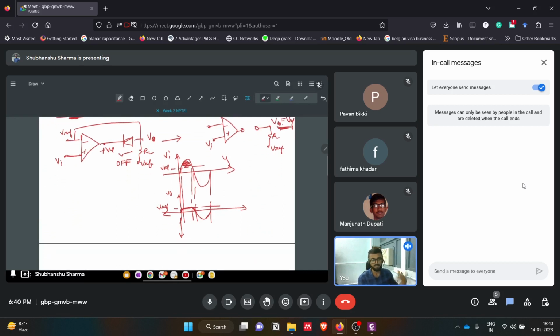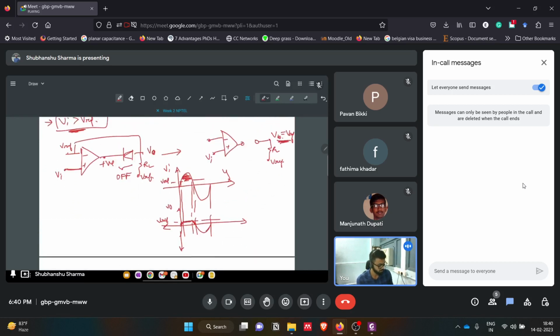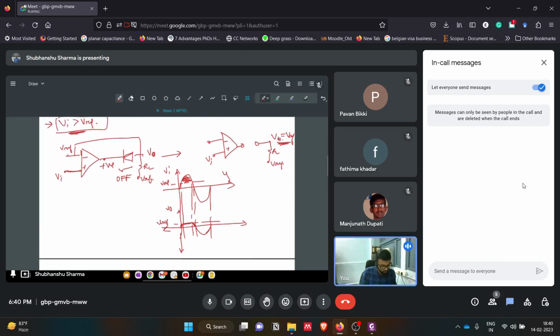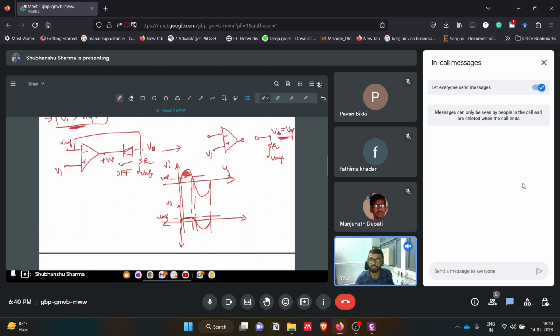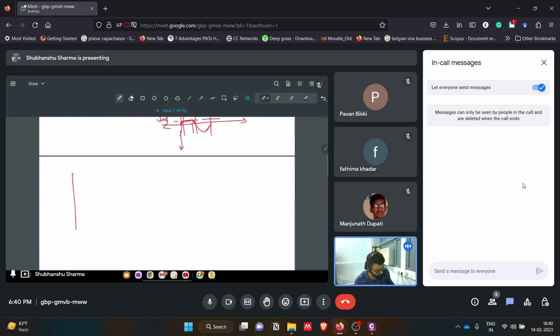Now we can realize many more circuits from this positive clipper and negative clipper as well. If we change the V reference voltage, we can shift this circuit. What if V reference is negative? What will the waveform be?